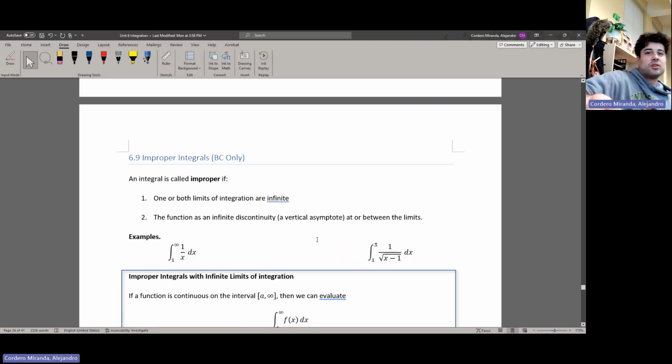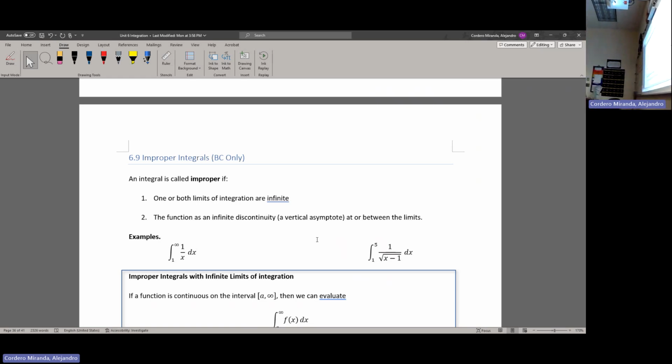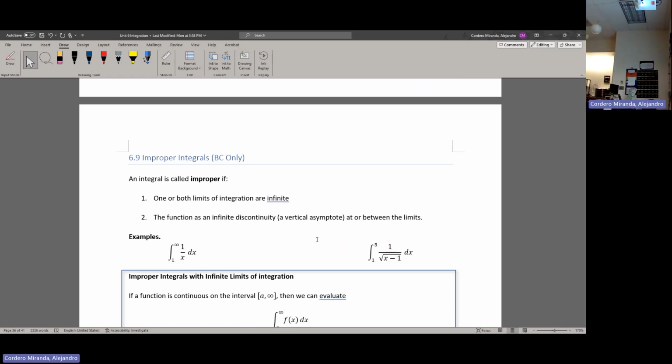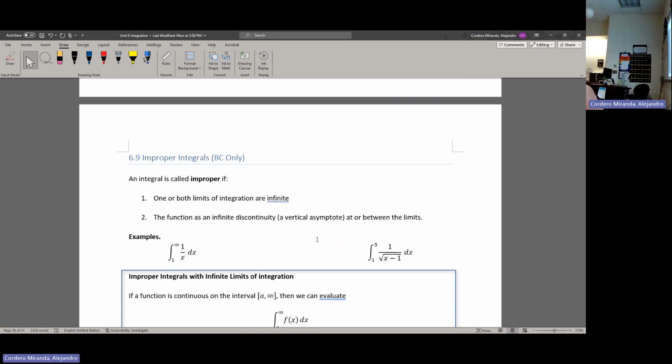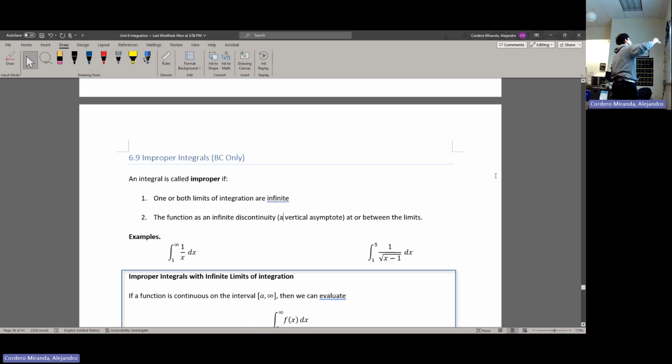So what you're used to integrating, let me turn this over so I can get to the board. Okay, so you guys are used to integrating like area between two finite points. Like you're used to an equation like this, get the area between 1 and 4 or whatever.